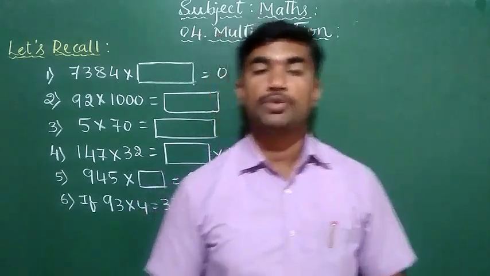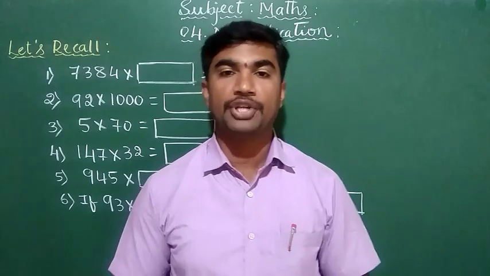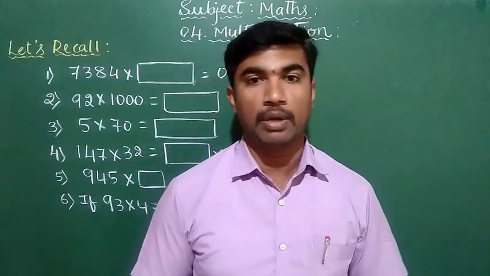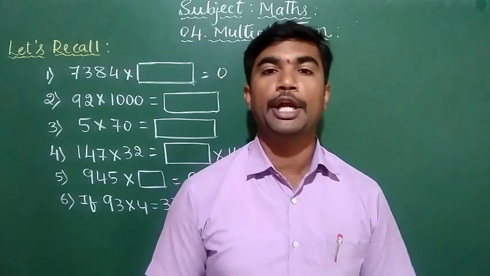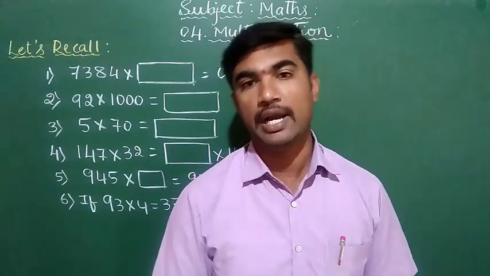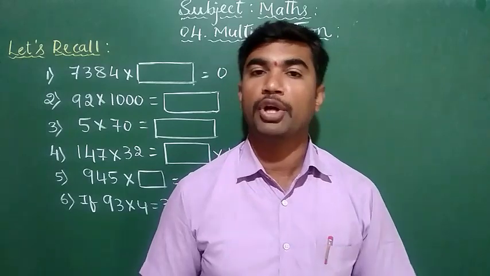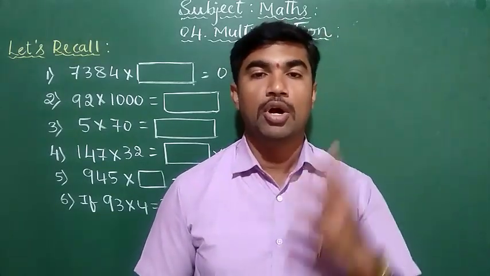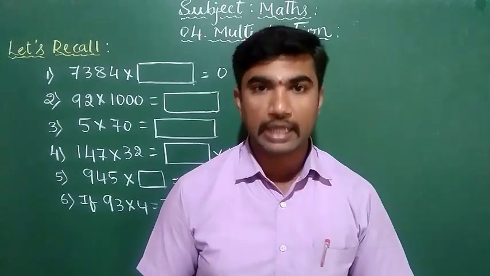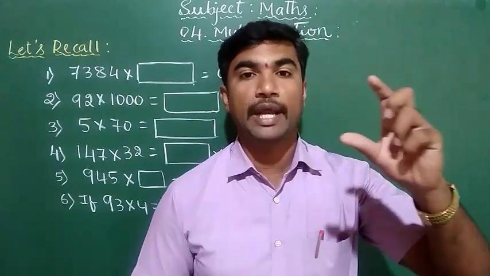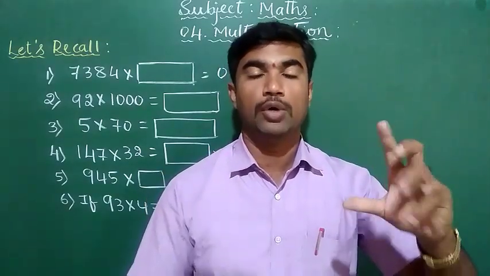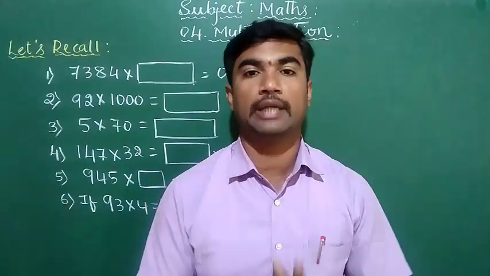My dear students, in the second chapter, that is addition and subtraction, and the third chapter, we have already solved problems. In addition we need two numbers, that is addend 1 and addend 2. The result obtained we call a sum. In the subtraction chapter also we need two numbers: the bigger number, which is the minuend, and the smaller number, which we call the subtrahend.